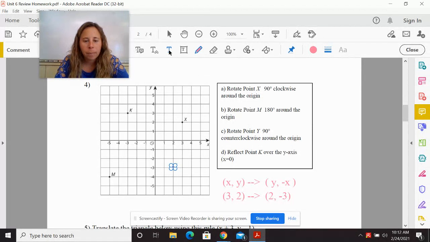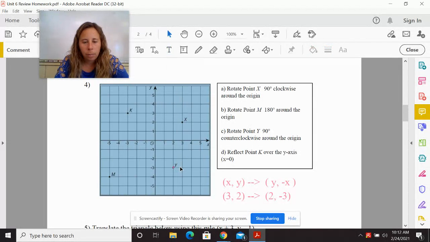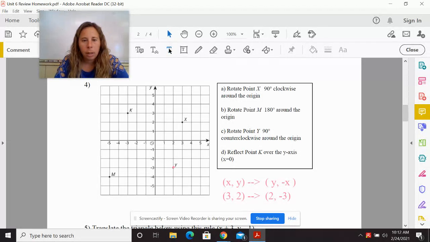I didn't tell you to label it anything, but that would be your X prime if you want to label it. But it becomes point Y, that's fun.